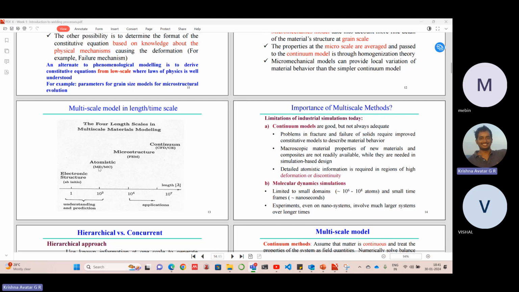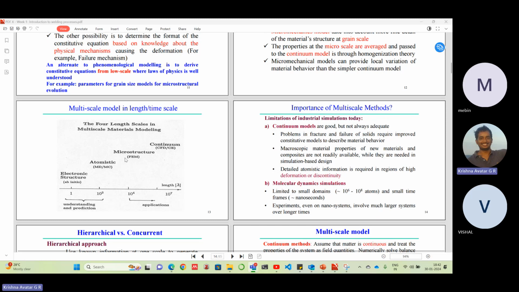One level higher is the atomistic model. There are multiple ways of doing such simulations: MC is the Monte Carlo simulations, and MD is the molecular dynamics simulations.